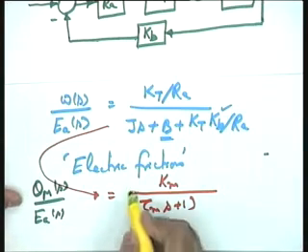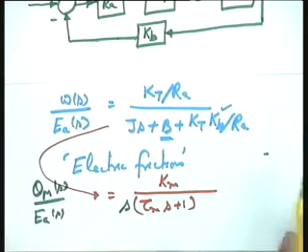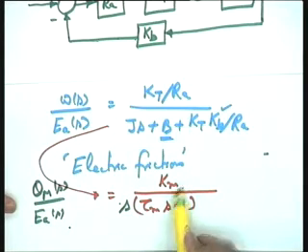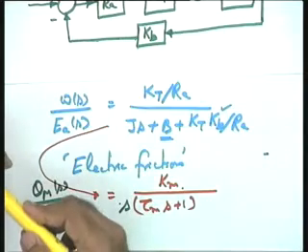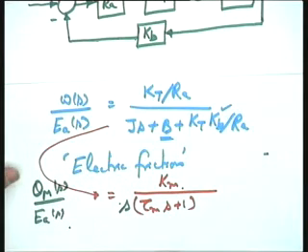So, this is the transfer function model, and now if you want the transfer function between theta m(s) over Ea(s), between the position and the input voltage, what will happen? A factor S will come over here. So, theta m(s) over Ea(s) will become equal to Km divided by S into tau m s plus 1. This becomes the transfer function if position is taken as the variable of interest.